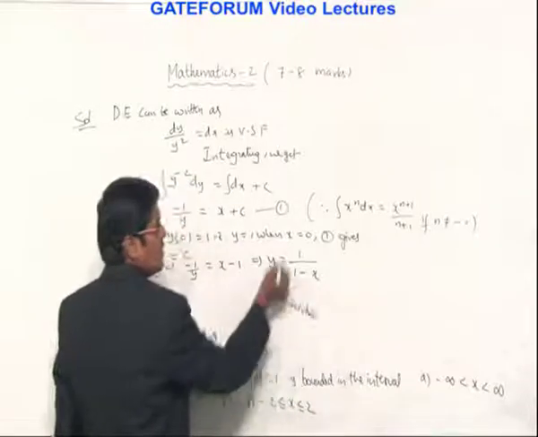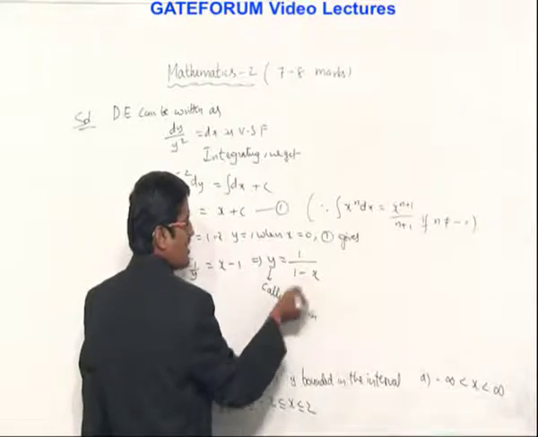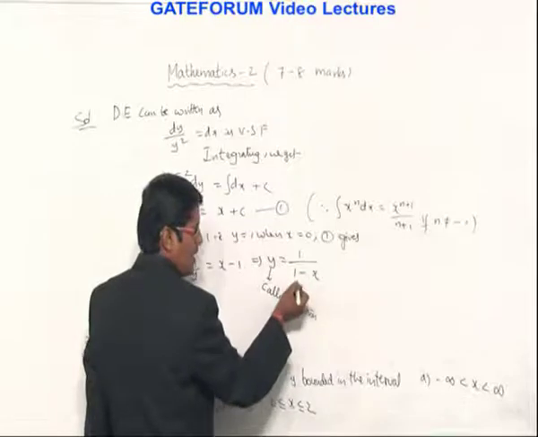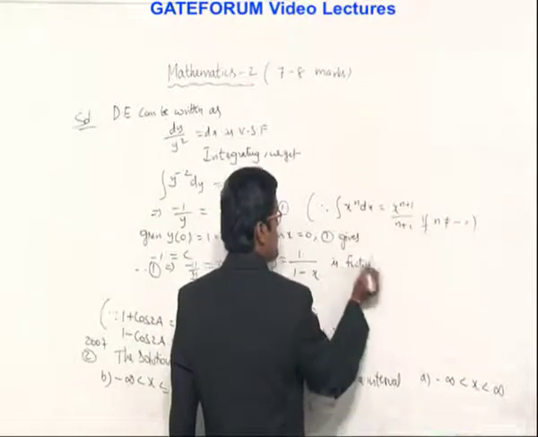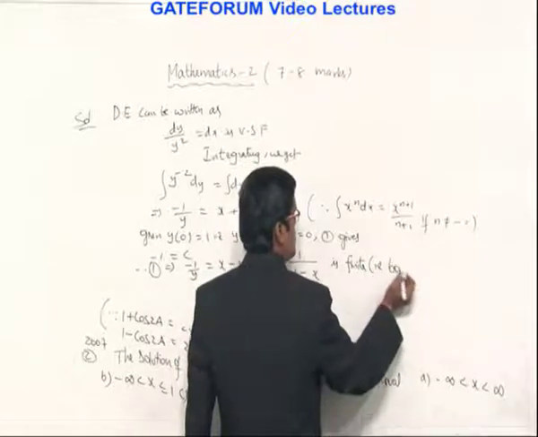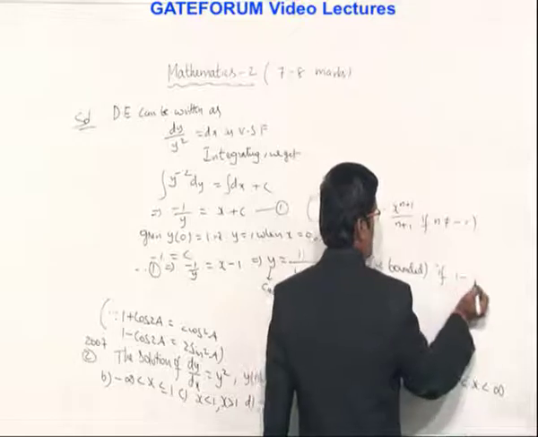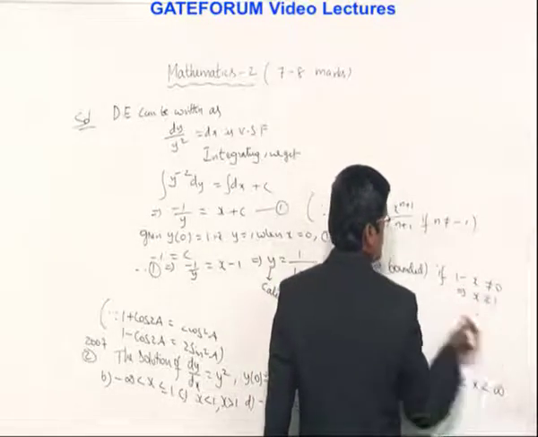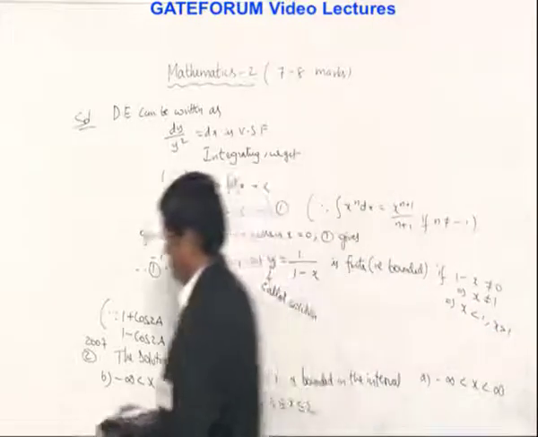Now this solution is defined and finite for every x value except where the denominator becomes 0. When the denominator becomes 0, by putting x equal to 1, it is not finite. Finite means bounded also. Bounded if 1 minus x is not equal to 0, that means x not equal to 1, implies x less than 1, x greater than 1.